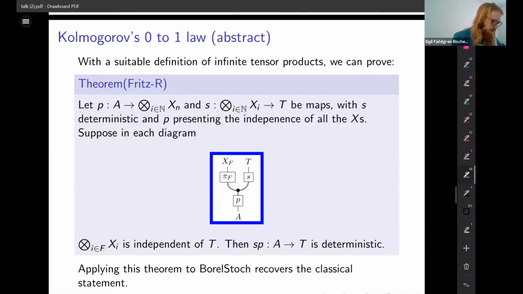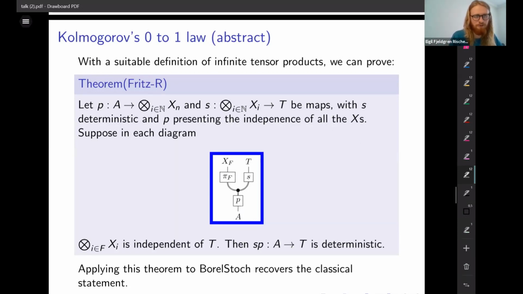So with this definition of infinite tensor products, or Kolmogorov products, we can prove this. If we have a map from A to an infinite tensor product, and another map from this infinite tensor product to some space T. You think of the first map as parameterizing your infinite family of variables by some parameter in A. And the second one is a deterministic function which measures some property of the outcome. So S is supposed to be deterministic and P is supposed to present all these variables as independent.